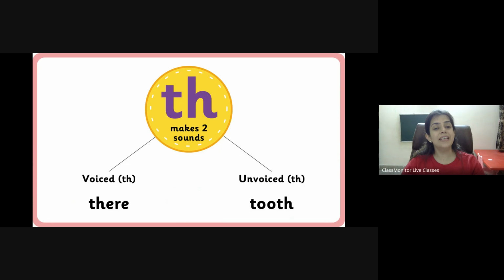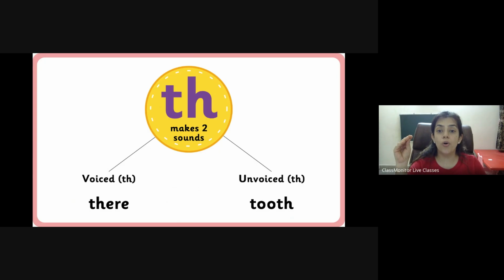Now comes T and H. When T and H come together, it gives you two sounds. For the first one, everybody keep your finger on the throat. Yes. And say the sound the. Shubhangi, can we do it? So when TH comes together, it gives you two sounds. The first is the, when you feel a vibration.